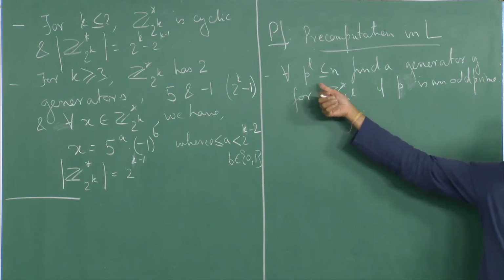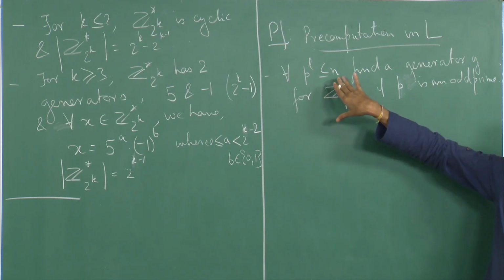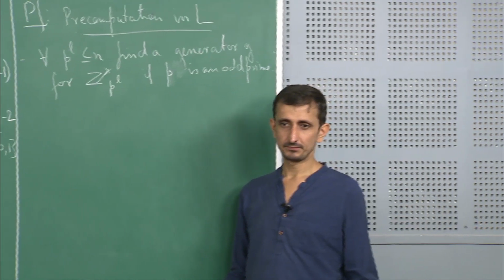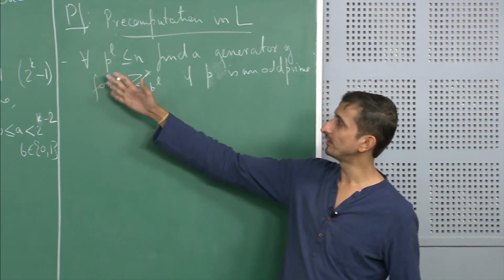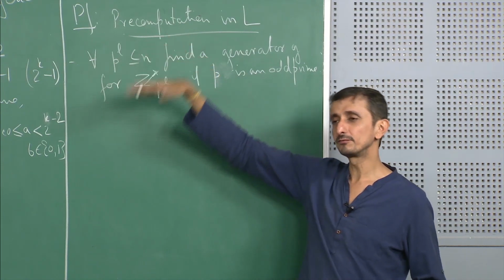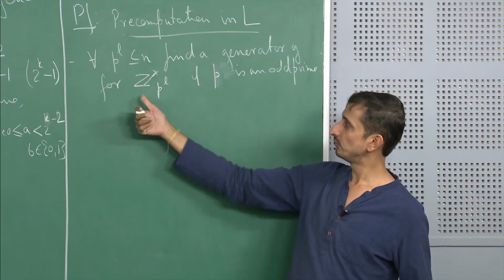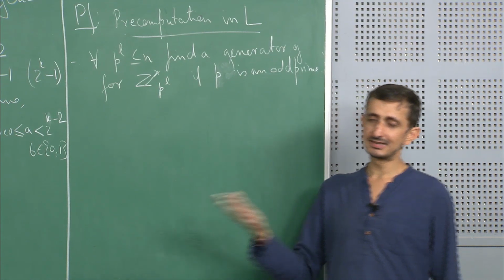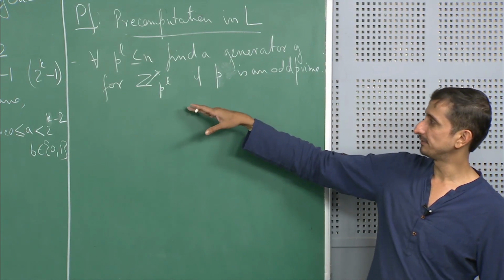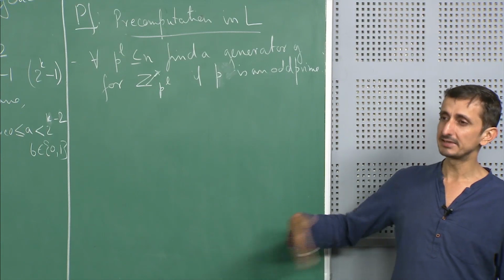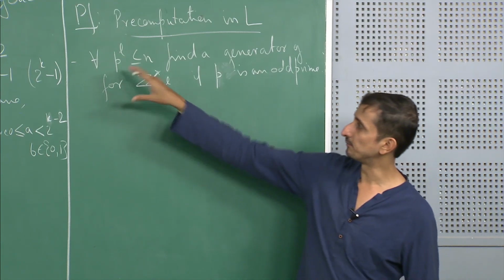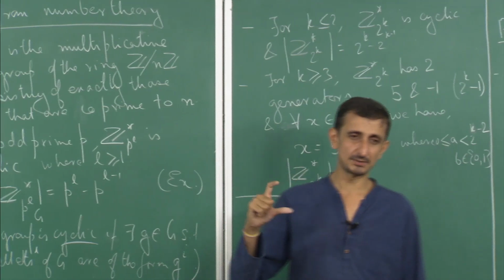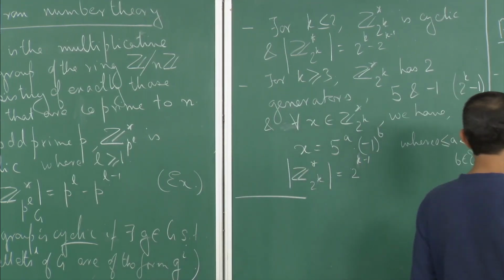So basically what we can do is, for each number that is less than n, I can just first of all compute the factors, and by computing the factors, I know whether it is of the form p to the power l or not. If it is of the form p to the power l, then I will just look for every element that is less than p to the power l, and I will see if that acts as the generator. So basically if I keep on multiplying that number, do I get all numbers that are co-prime to p to the power l. Okay. So in a series of some nested loops, 2-3 nested loops, I'll be able to check this.